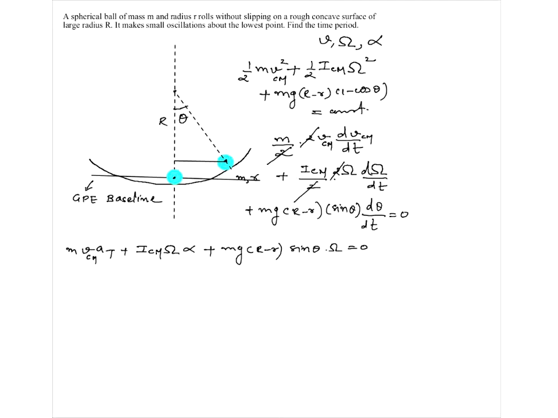So for v CM, I can write v CM is equal to, for circular motion, R omega.